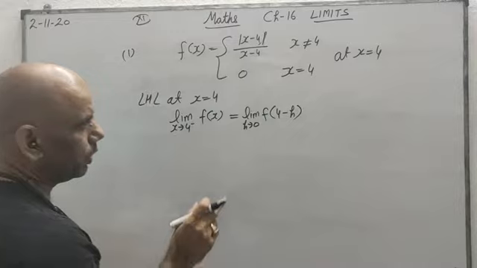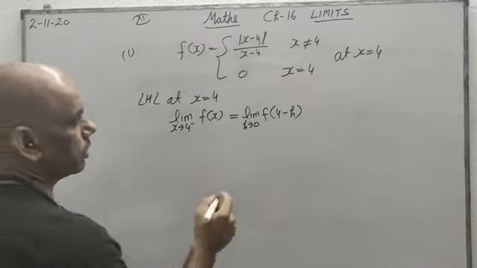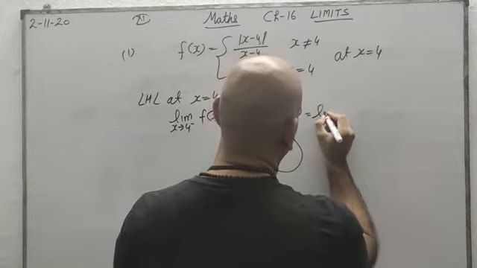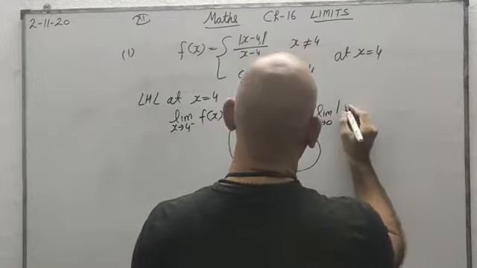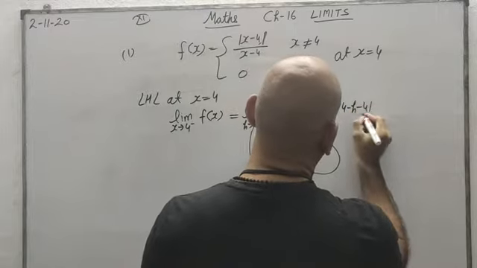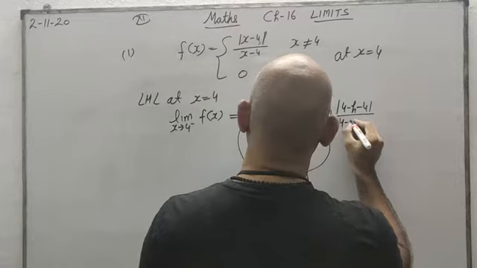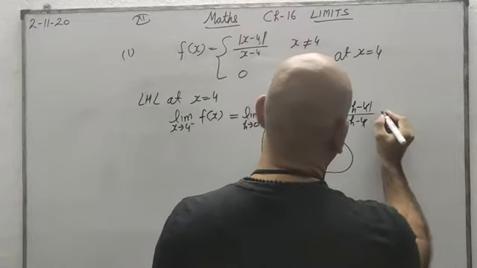Now in place of x I am going to substitute 4 minus h in the value of the function. So it will become limit h tends to 0 modulus of 4 minus h minus 4 upon 4 minus h minus 4. 4 and 4 cancel, 4 and 4 cancel.